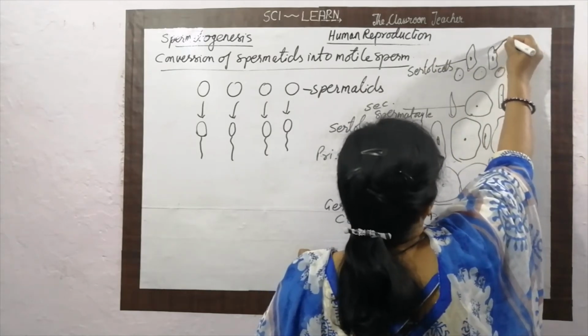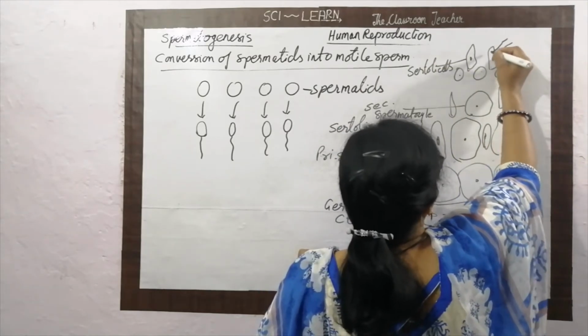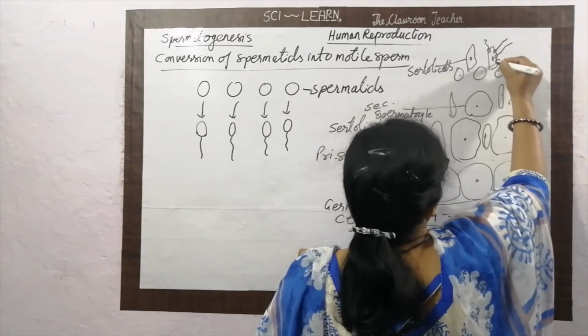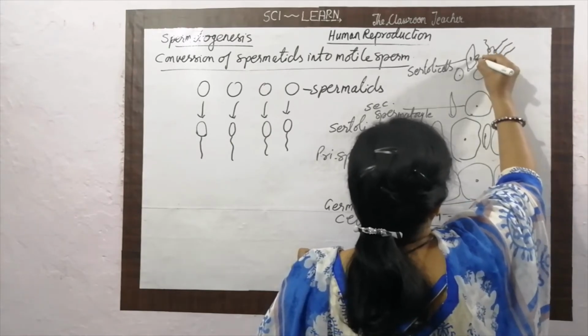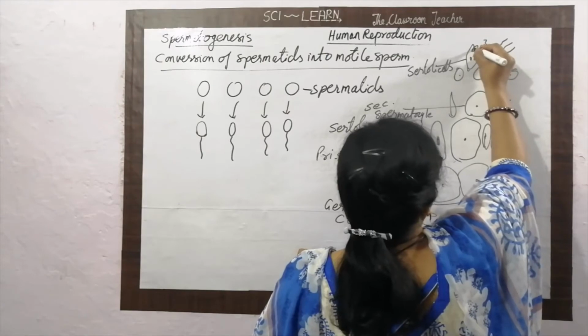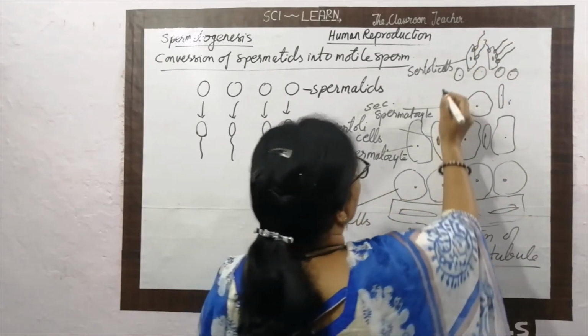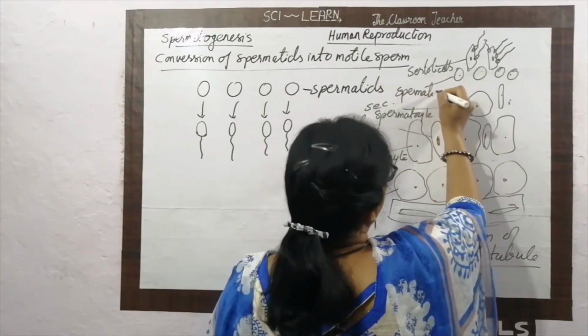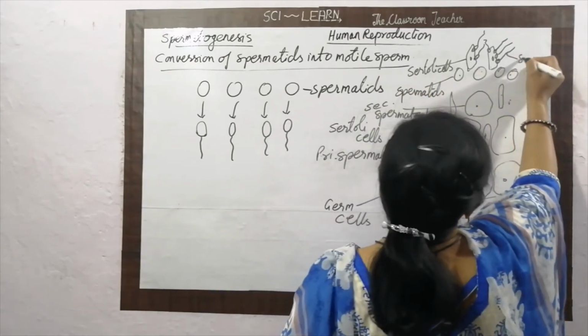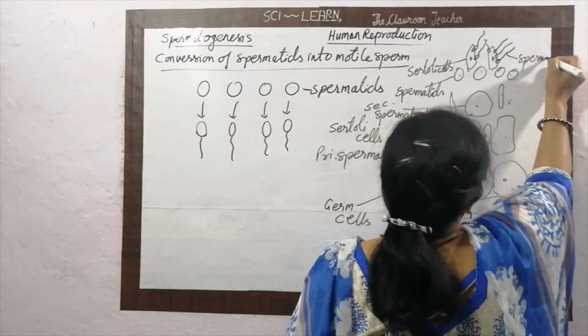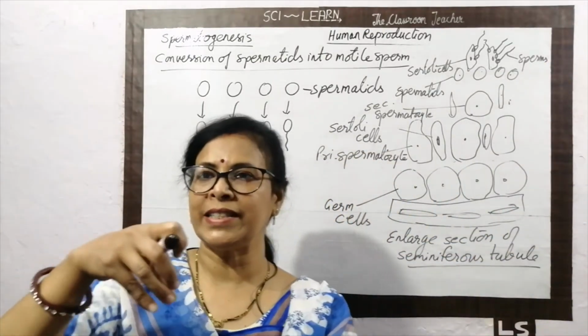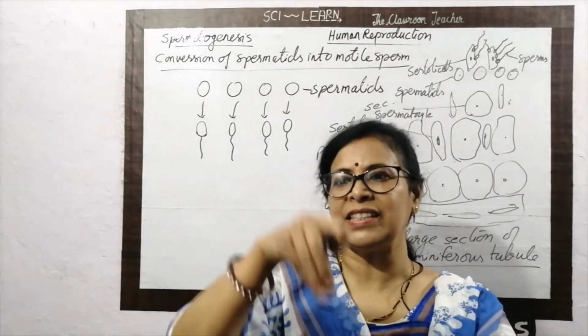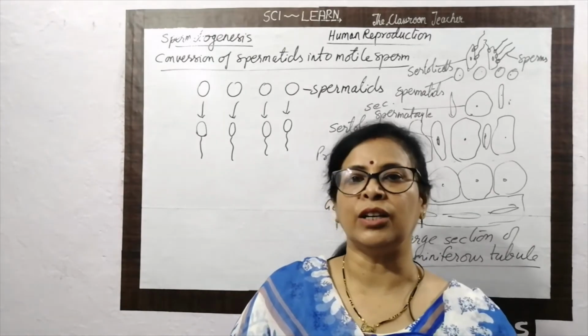These sperms are embedded inside the Sertoli cells. This is the spermatids. These are the sperms. Sperms are embedded by their head side inside the Sertoli cells.